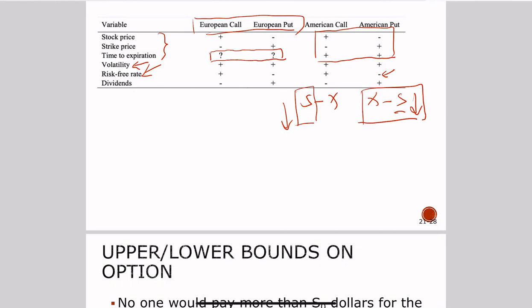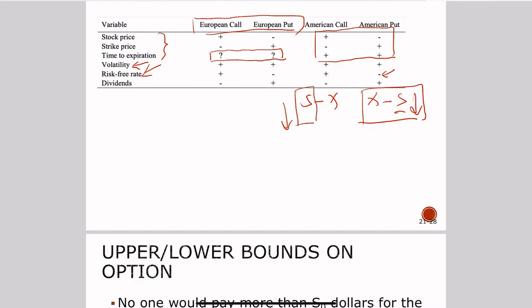And you can imagine that sometimes the second factor would actually be more important. That is, the lower present value from longer time to expiration would become the more dominant factor. In this case, a longer time to expiration will actually reduce the values of European calls and puts, right?